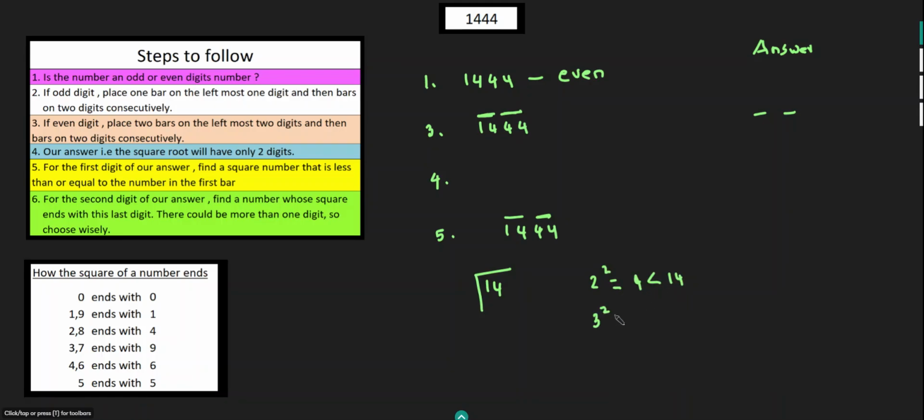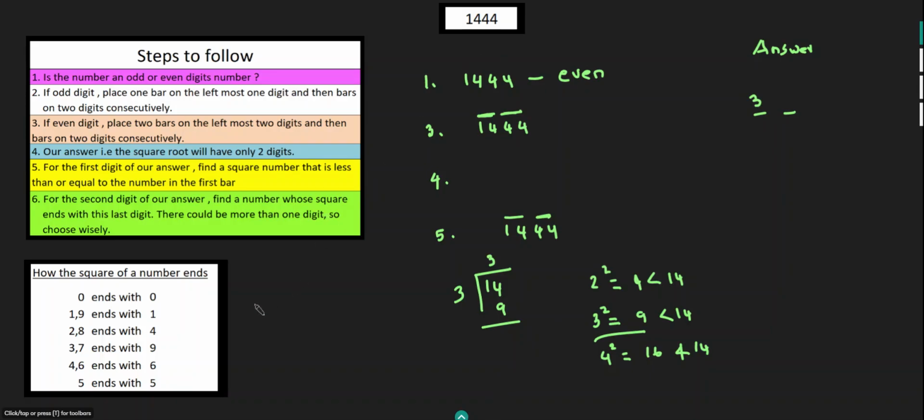Likewise, 3 square is 9, which is also less than 14. But 4 square is 16, and this is not less than 14. So we have to take the highest number whose square is less than or equal to 14, which means the first digit of our answer is 3. So we put 3 here.